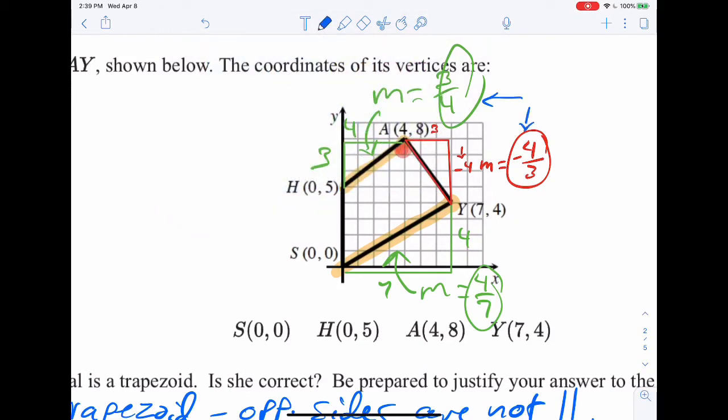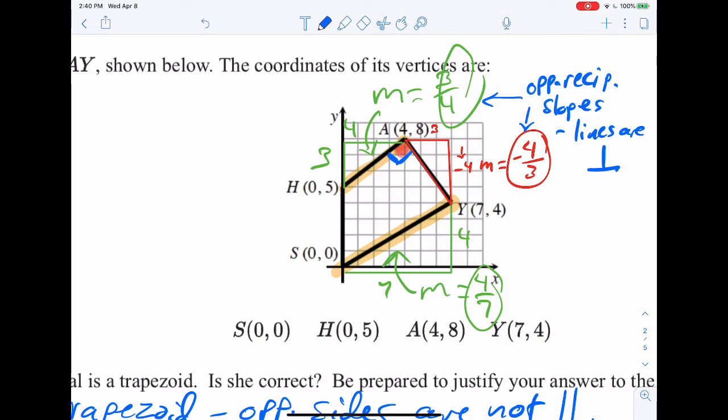Yes, they are. So opposite reciprocal slopes means lines are perpendicular. So that is, in fact, a right angle.